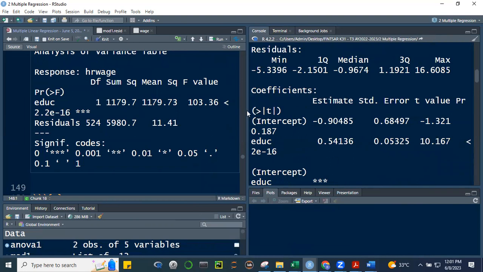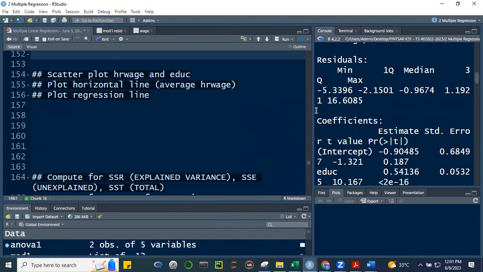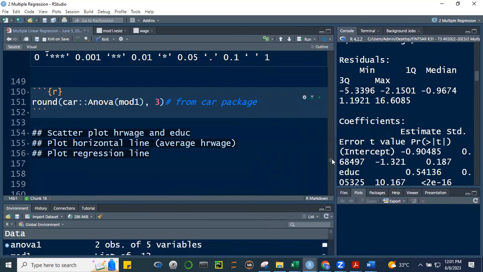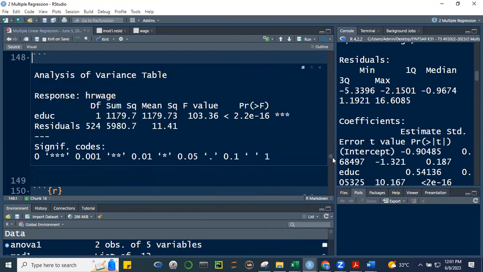T distribution natin kasi individual test of means yun. Ito naman, analysis of variance, so variance ang tinetest natin dito. Sa t-stat, test of means, yung average, yung means ng bawat predictor. Ito naman, yung variation, yung variance. So magkaiba yung tinetest nila.